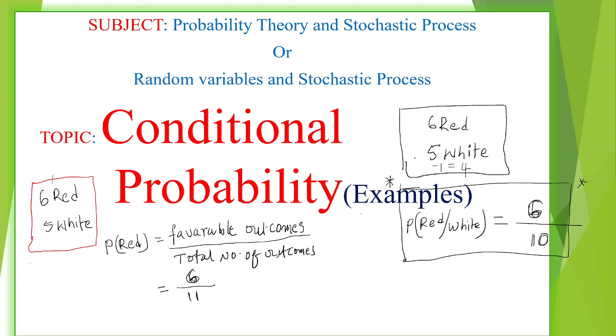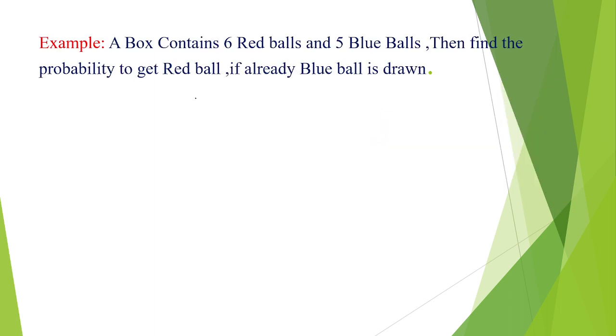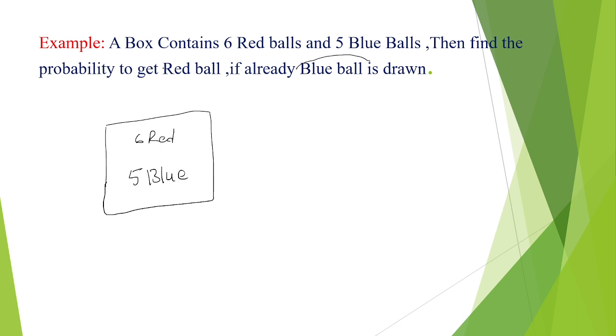And this is for a single box. We can calculate it like that. The same thing: 6 red balls and 5 blue balls. Here it is asking the probability to get a red ball if a blue ball is already drawn.